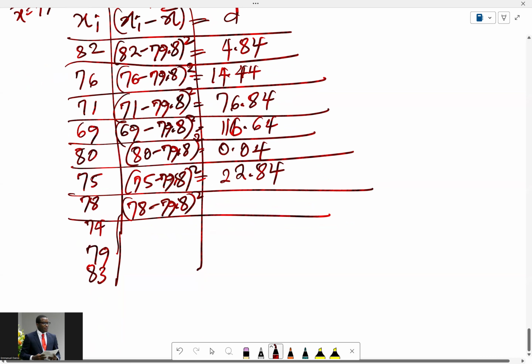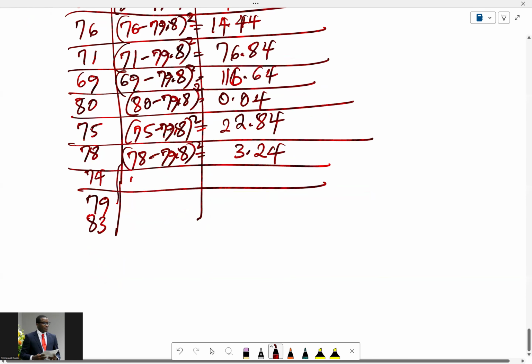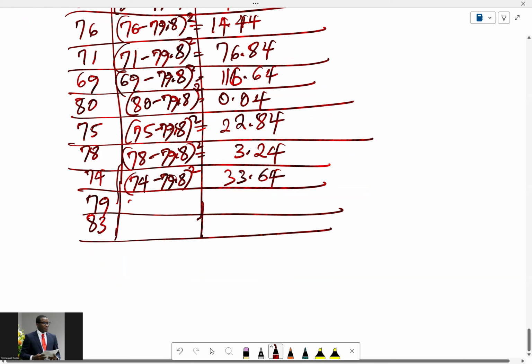That will be something small again: 3.24. And then you have 74 minus 79.8 squared, which is 33.64. And then we have 79 minus 79.8 all squared.